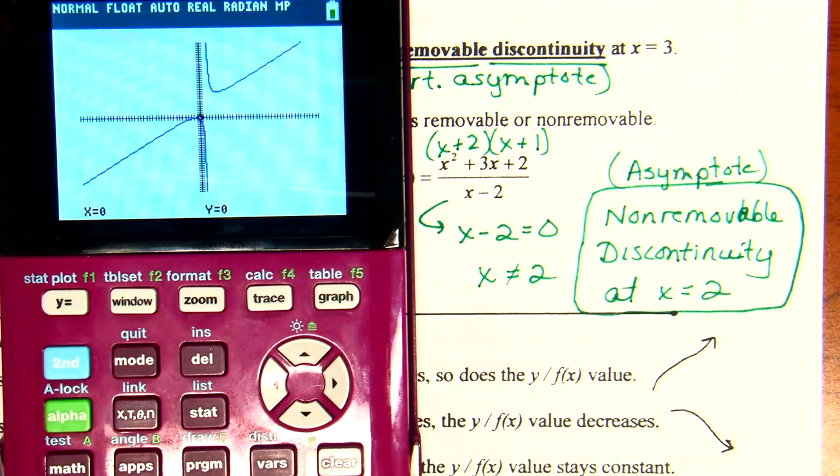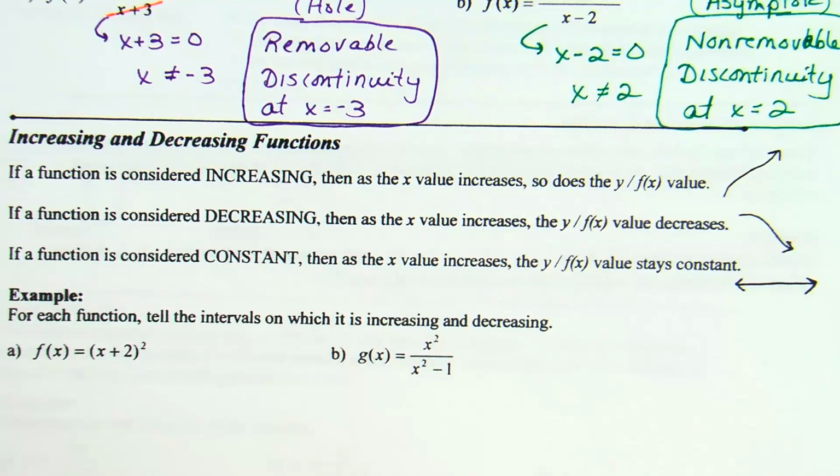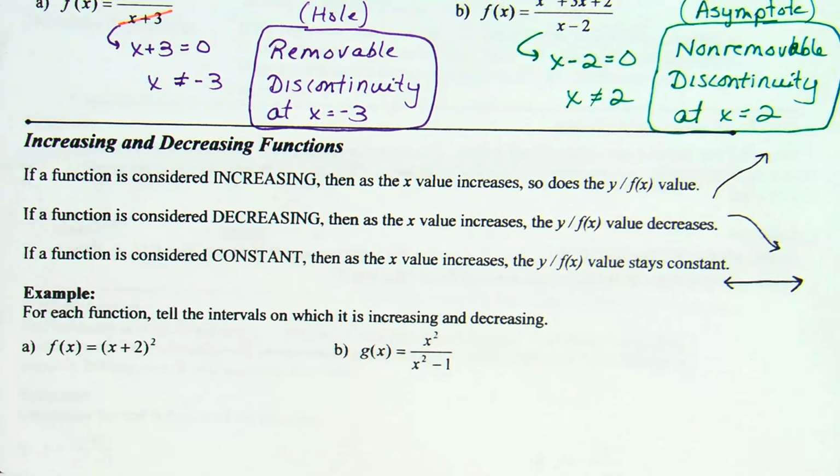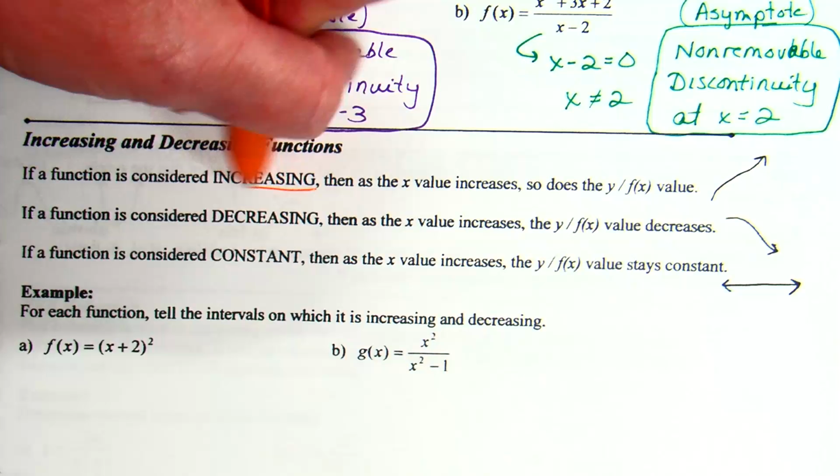Let's move forward and talk about increasing and decreasing functions. What does it mean for a function to be increasing? What goes through your brains? Increasing. Goes up, right? Decreasing then is going to go down. Okay, so official terminology: if a function is considered increasing, then as the x values increase, so does the y value.